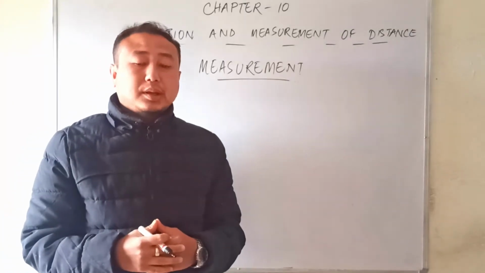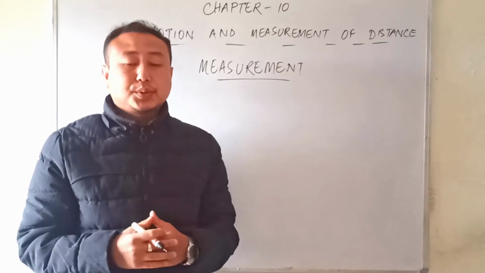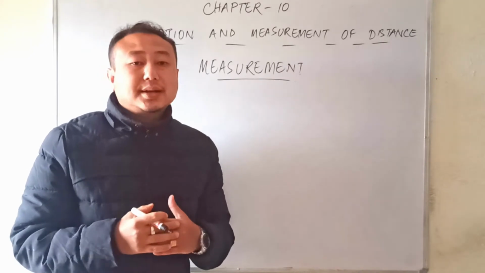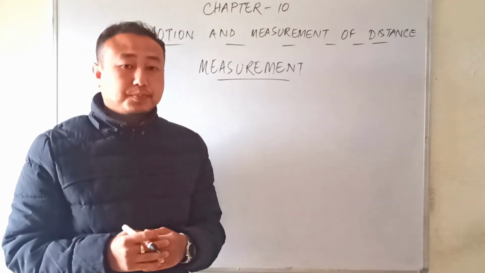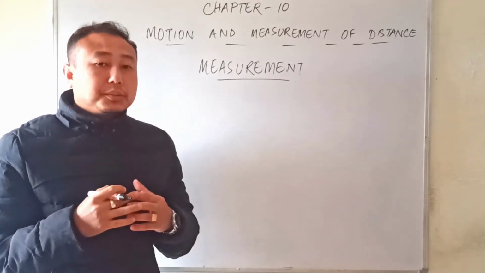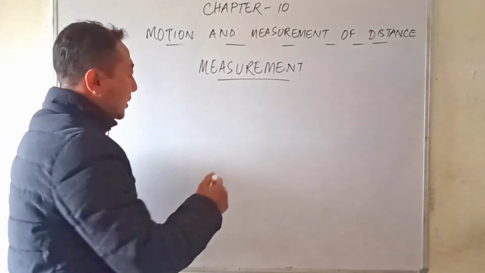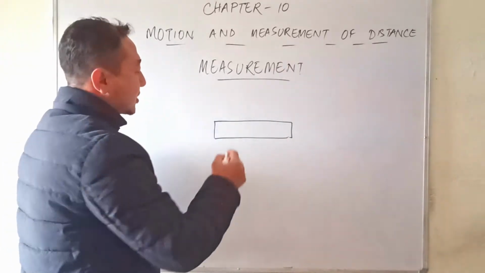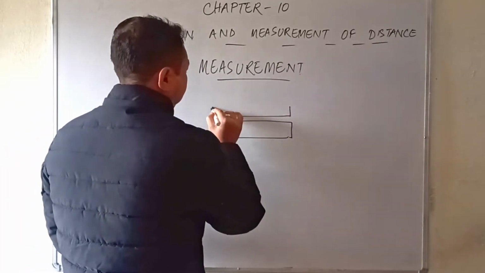During measurement, we have to take certain precautions so that the reading that we get is the accurate length of that object. When we take the measurement, we should keep the scale parallel to the object.